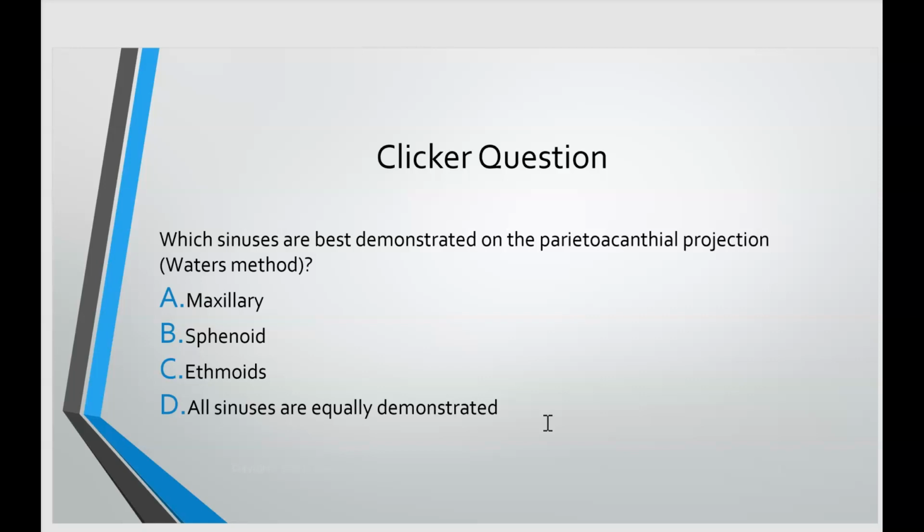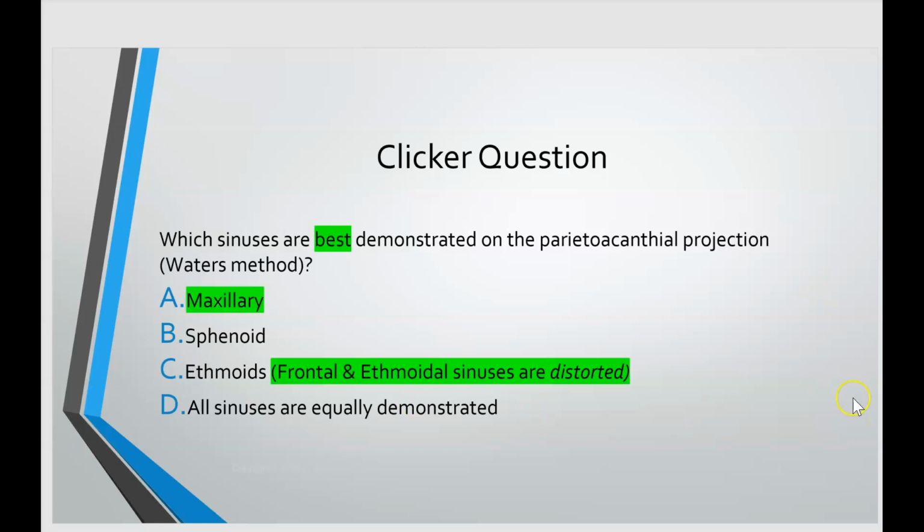All the rest of the sinuses are back far away. There's a large OID. So what are we looking for? So the best sinuses demonstrated on a Waters are your maxillaries. The whole point to get that 37-degree angle for your OML is to get the petrous pyramids below the maxillary sinuses. That's why we do this view. Your frontal and your ethmoid sinuses are distorted because of the OID.